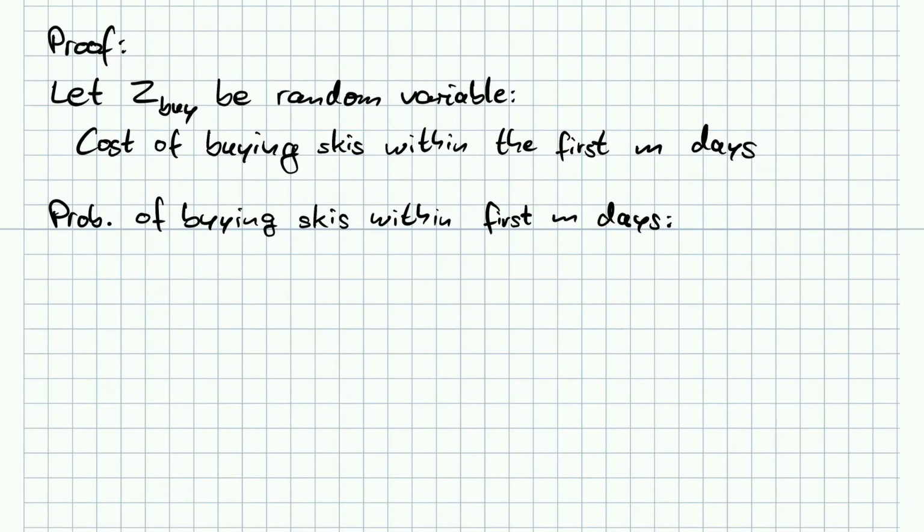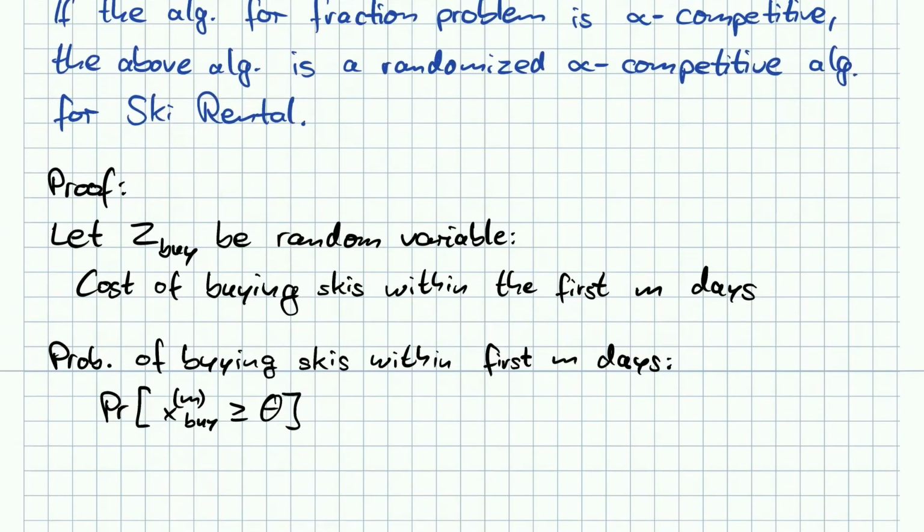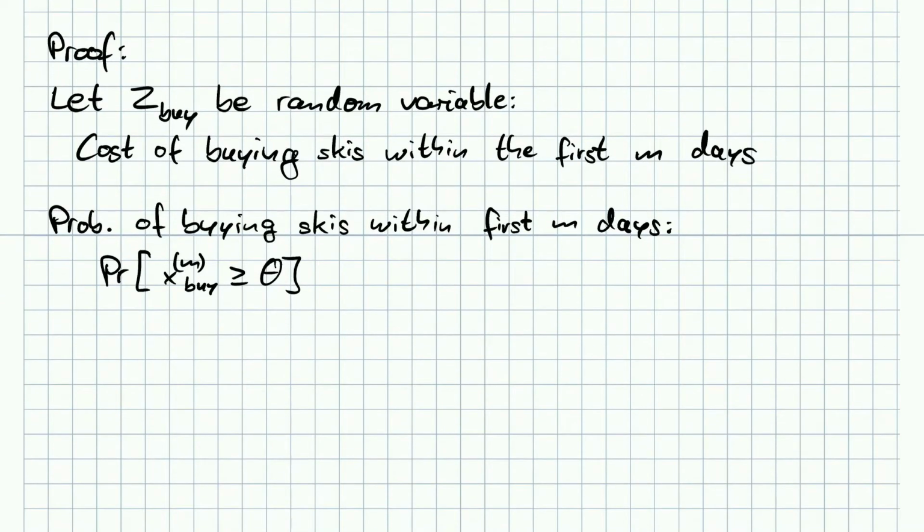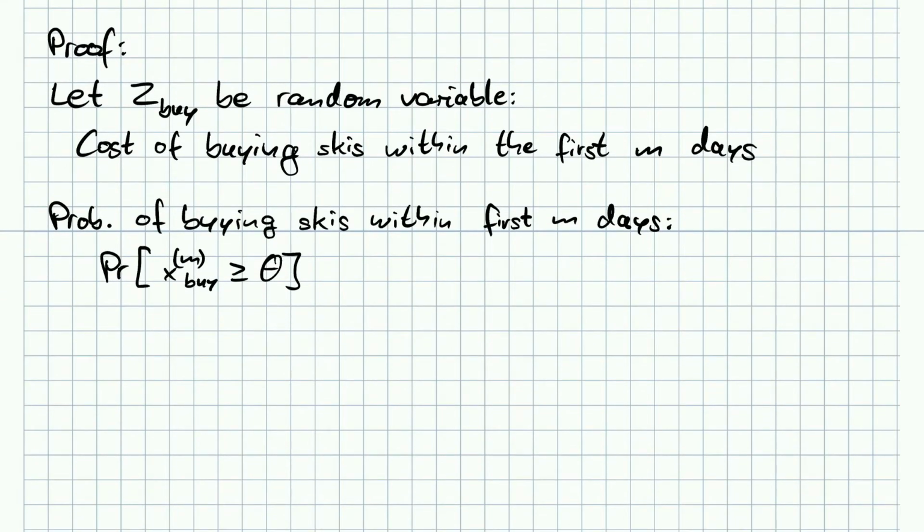Well, this is exactly true if within the first M days we reach a value of x buy which is at least theta, because this was what our algorithm said. We buy our skis as soon as x buy t exceeds theta, or is at least theta to be precise.